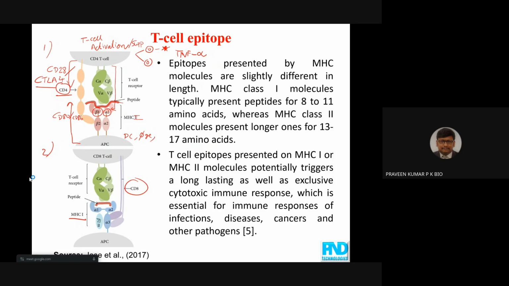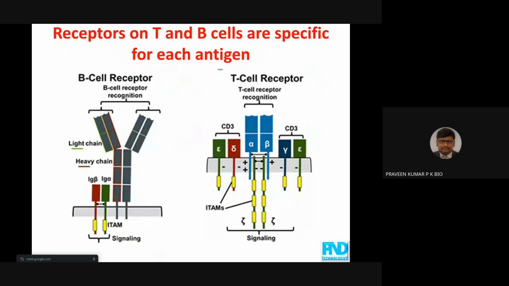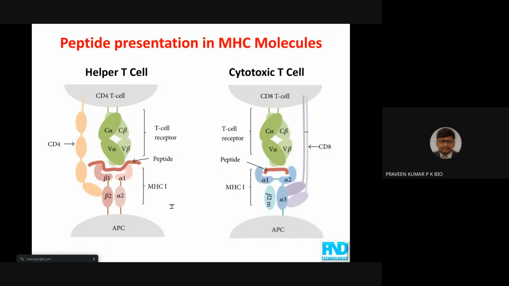If you see this peptide, whatever I showed, it's very clearly mentioned. Just because we have two different macroglobulins, the size of the peptide is maximum for the CD4 T cell when compared to the CD8 T cell. And these are the types of receptors. I told you, for the helper T cell, the CD4 T cell, just because it's going to bind from here to here, the minimum size of the peptide we have to design is 13 to 17.